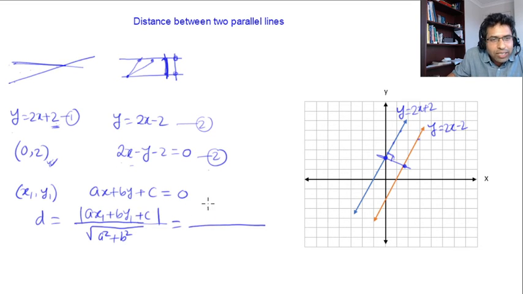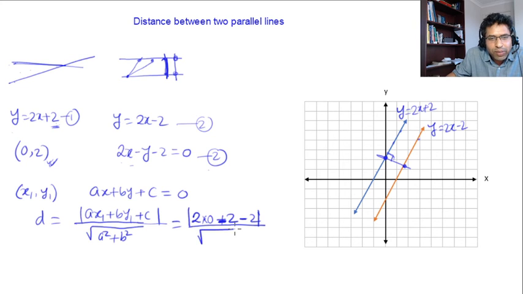So it is 2 times x, which is 0, because the point is (0, 2), so 2 times 0, plus b, which is minus 1, times 2, the y value, so minus 2, and then minus 2. This is absolute because it's a distance. Whatever value comes out, positive or negative, we always consider the positive value.